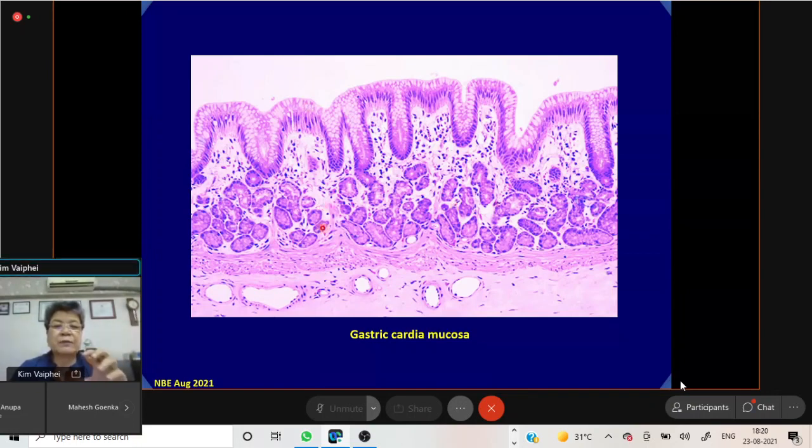In an endoscopic biopsy, what one gets is the mucosa and a part of the muscularis mucosa. Sometimes if there is some disease and the submucosa is involved, one will get a part of the submucosa in an endoscopic biopsy. But usually what we get is the mucosa and a little bit of the submucosa. And now I do not know how many centers do the orientation by mounting endoscopic biopsies on filter paper.